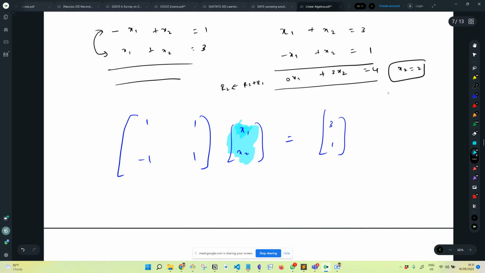Can somebody answer why I should not swap x1 and x2? In this matrix, R1 and R2 are interchanged, and in this matrix again R1 and R2 are interchanged. What will happen? Let's say I make this x2, x1. Can somebody find the fault?